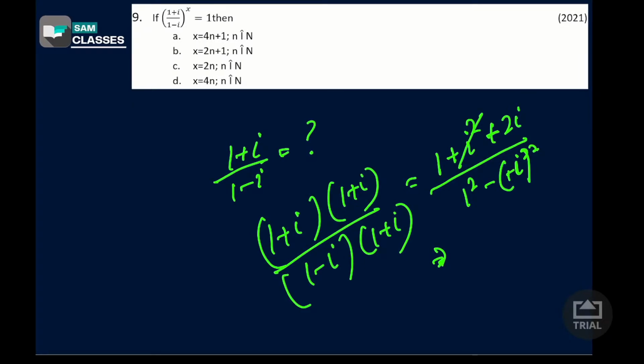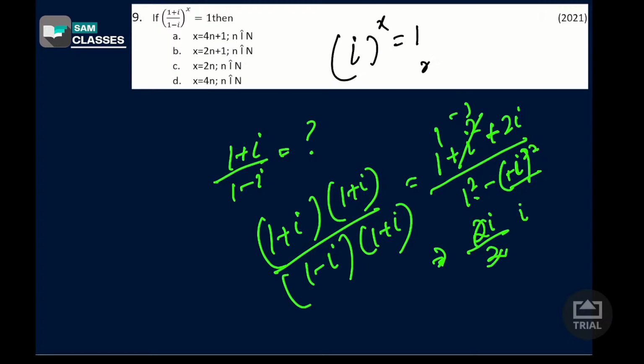I square is minus 1, so this is gone. So 2i by 2, we got i. So when is i power x equal to 1? When the value of x is in terms of multiples of 4. So which is that option? D option. Clear everyone?